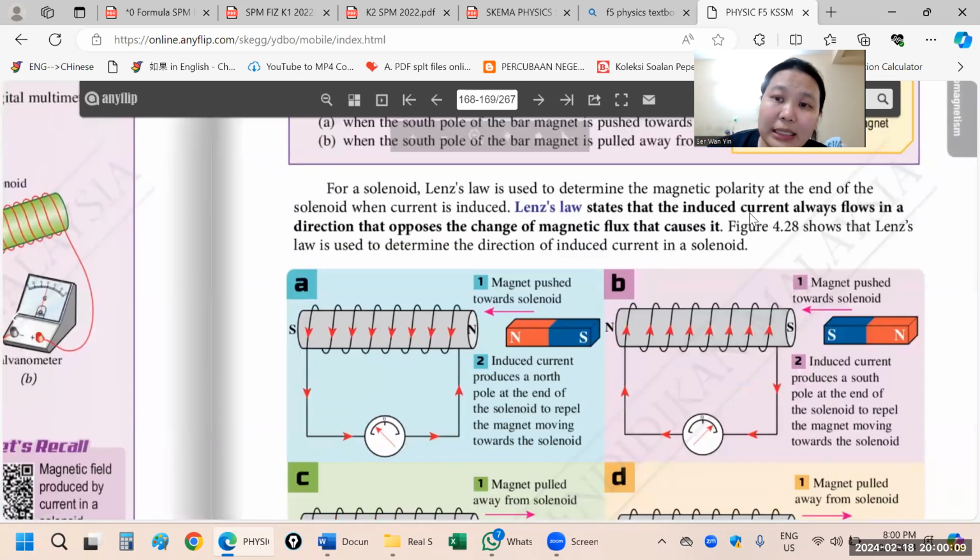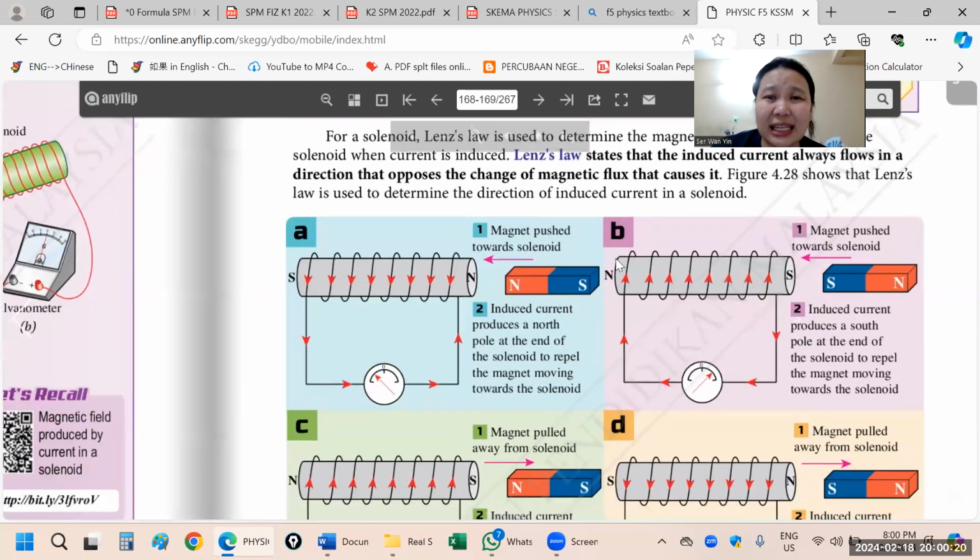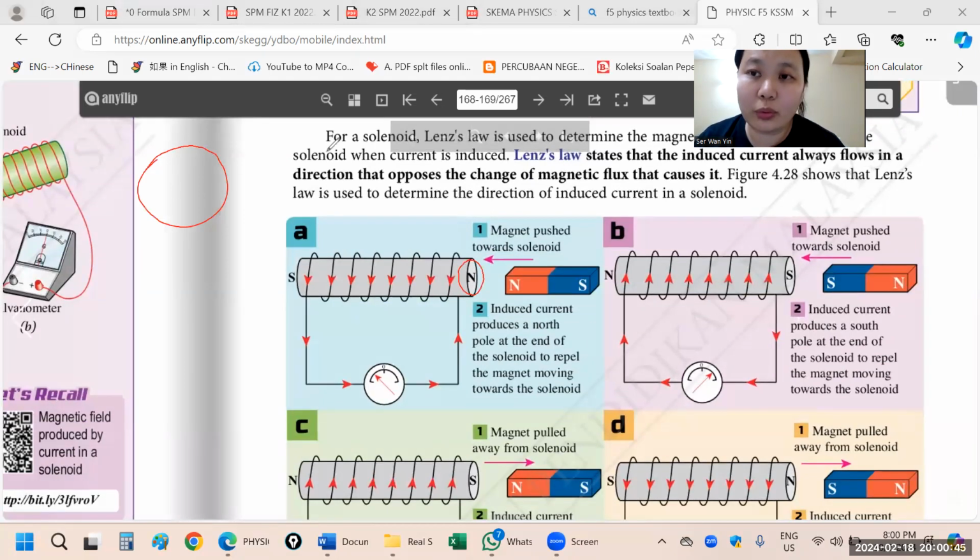Let's now state that the induced current always flows in a direction that opposes the change of magnetic flux that crosses it. When we put the magnet towards the coil, it will produce current.